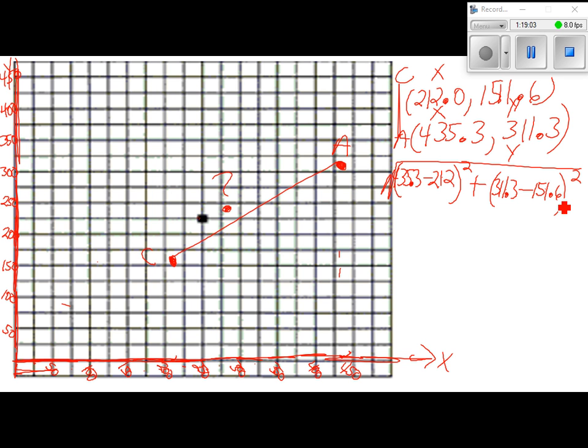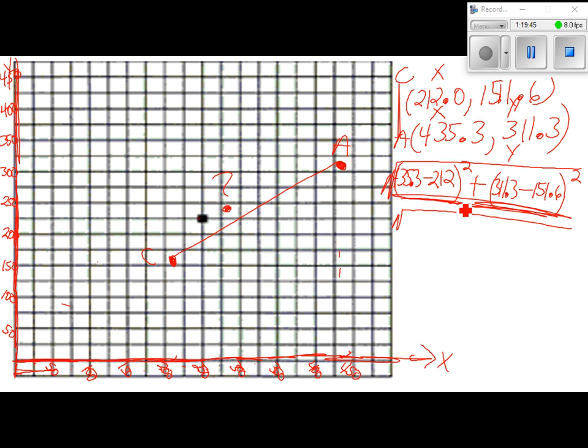So if I'm doing this on my calculator, again, if you're doing this on one of the TI-30X IIS calculators that I told you would probably be the best to get, you could type all of that right in, and that's what I'm going to do right now. I'm going to type it all in just like it is right there. Parenthesis, 435.3 minus 212.0, close the parenthesis, square that, plus 311.3.